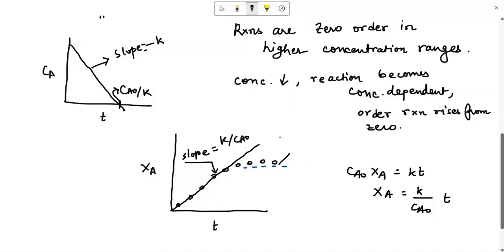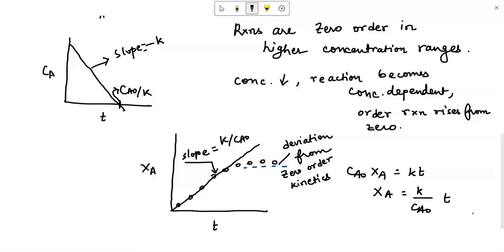Let me write this: deviation from zero order kinetics. Okay, so this is one interesting thing. And when there is deviation from zero order kinetics, the order is actually rising from the value of 0.